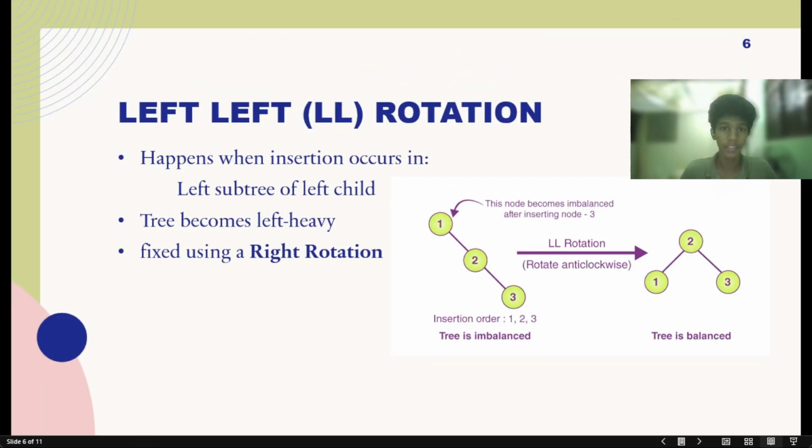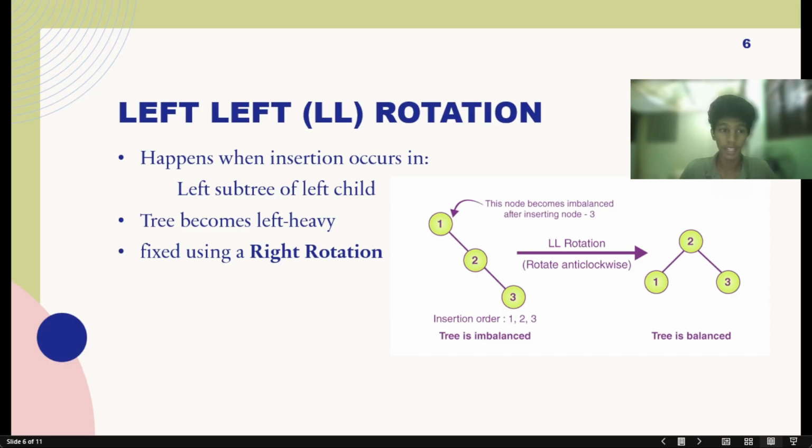So now let's look at the left-left rotation, also called LL rotation. This happens when insertion occurs in the left subtree of the left child. For example, suppose we insert 30, then 20, then 10. The tree becomes left-heavy. Before rotation, 30 is at the root, 20 is on the left of 30, and 10 is on the left of 20.